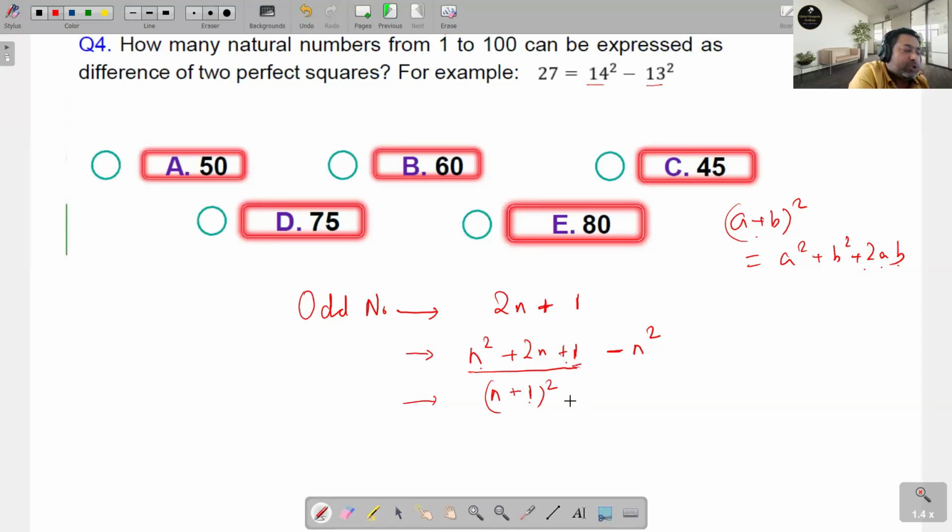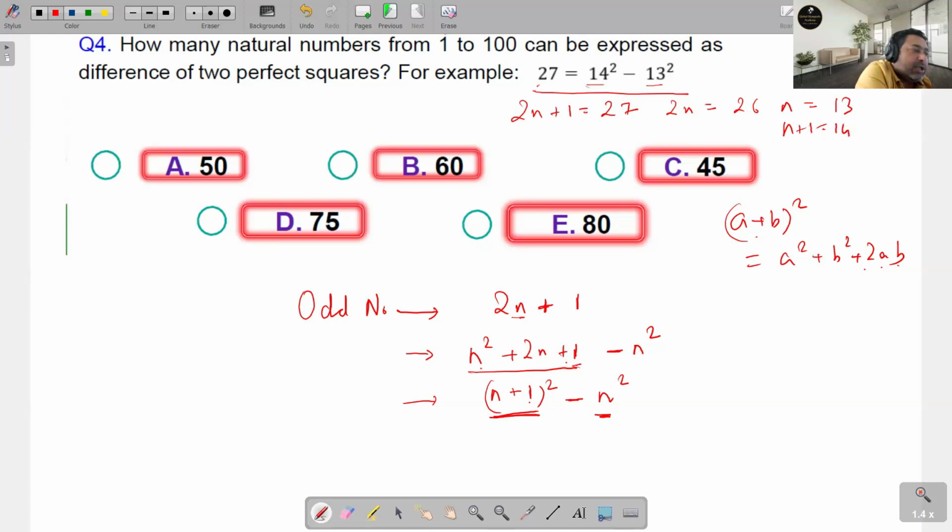So this is n plus 1 whole square minus n square. And since n is an integer, n plus 1 will be also an integer, and n will be also an integer. As you can see in this example also, if the 2n plus 1 is equal to 27, therefore 2n is equal to 26, and therefore n is equal to 13, and therefore n plus 1 will be 14, and you can see here 14 square minus 13 square is 27.